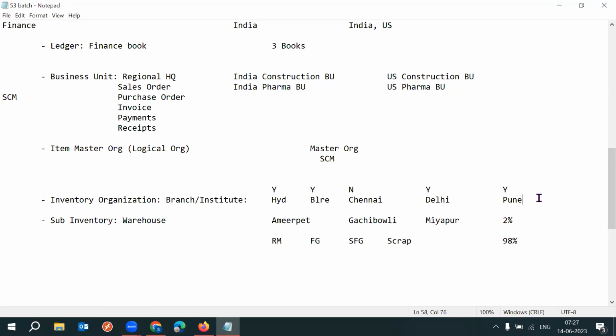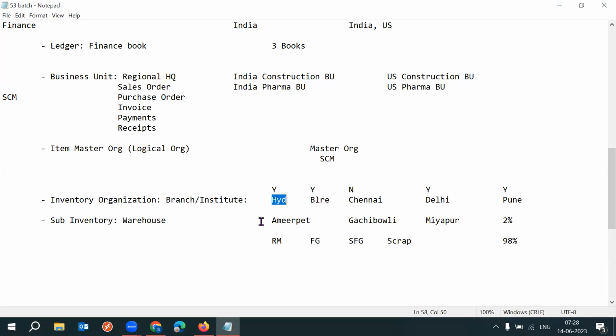So in this example, Gachibowli is a place where I go and store my item. I take the order to Hyderabad. No. I may ship the product from any of my warehouses. I'm taking the order to the Hyderabad branch.